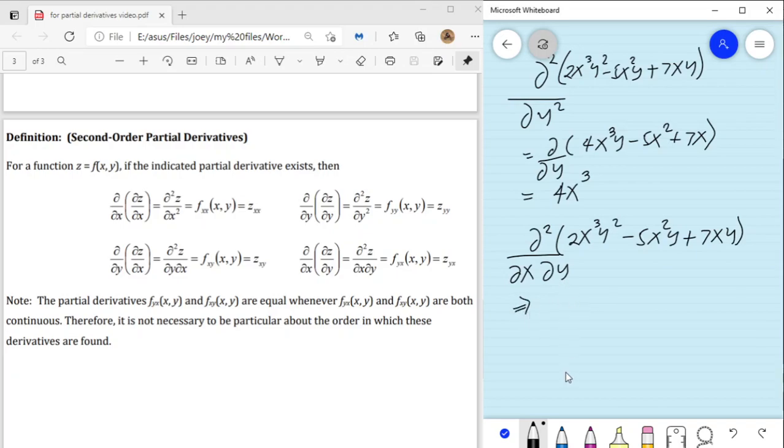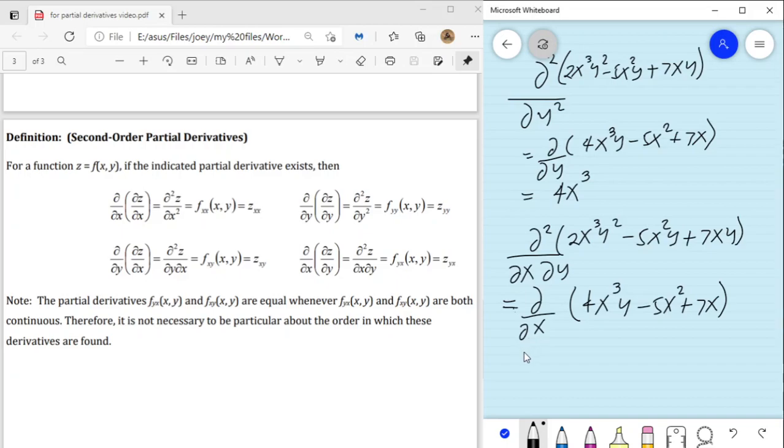So this will then be the partial derivative with respect to x of the partial derivative of this expression with respect to y first. So again, the first partial derivative of this expression with respect to y was found earlier as 4x cubed y minus 5x squared plus 7x.